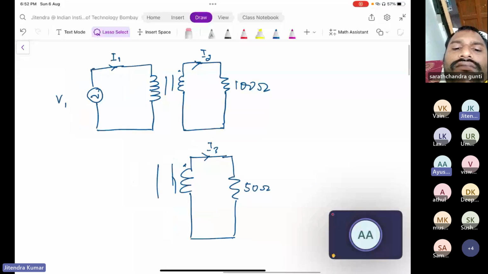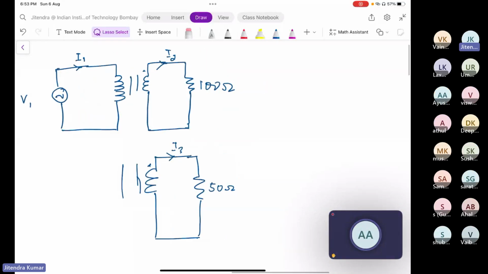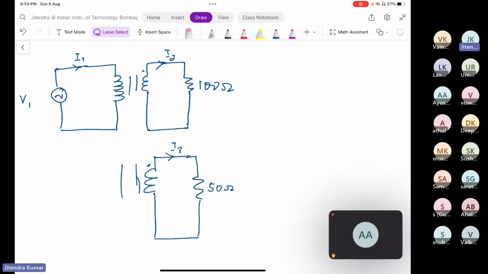Okay. Now we will try to find the equivalent, referring to N1, N2, and N3.